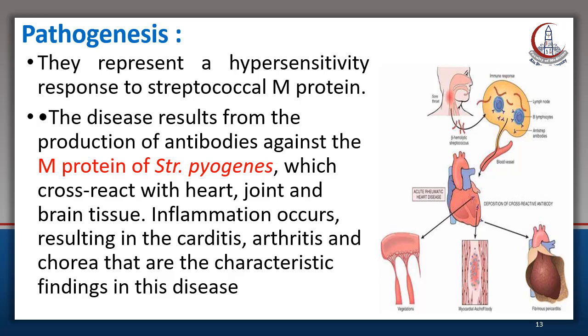The disease results from production of antibodies against the M protein of Streptococcus pyogenes. The antibodies cross-react with heart, joint, and brain tissue, and inflammation occurs, resulting in carditis, arthritis, and chorea, which are the characteristic findings in this disease.